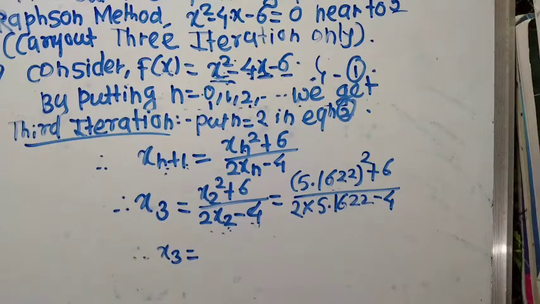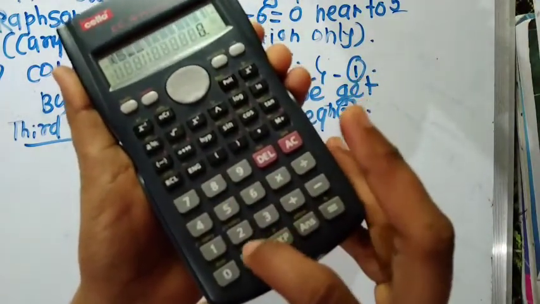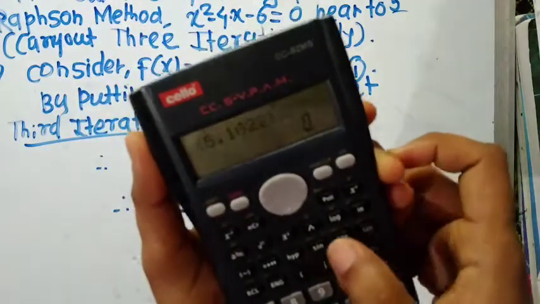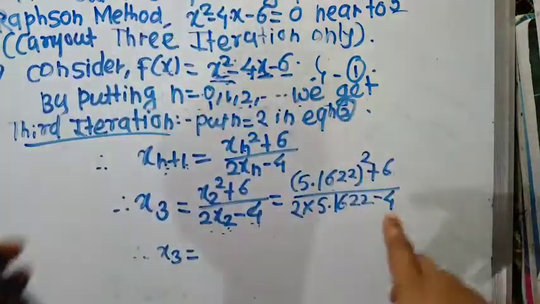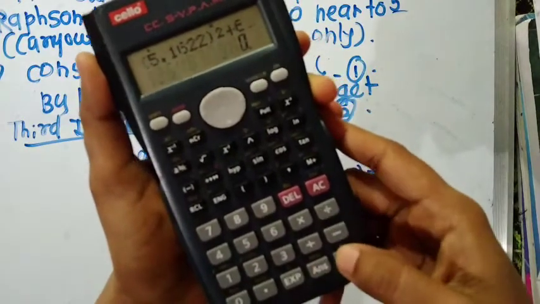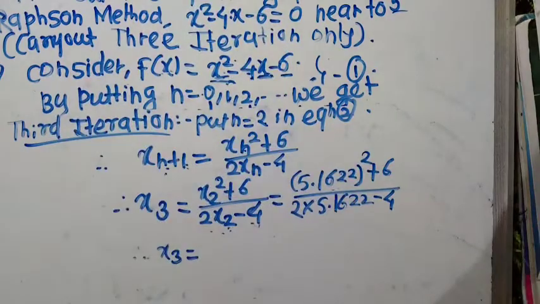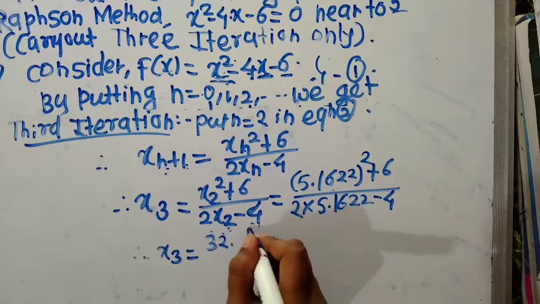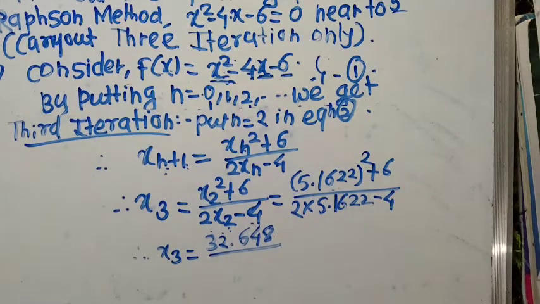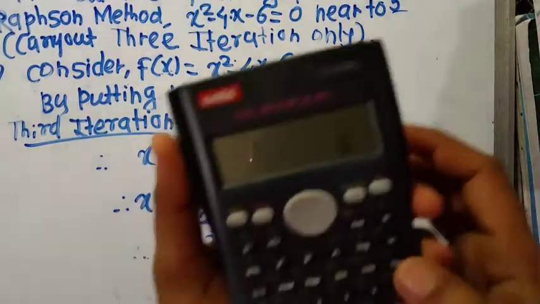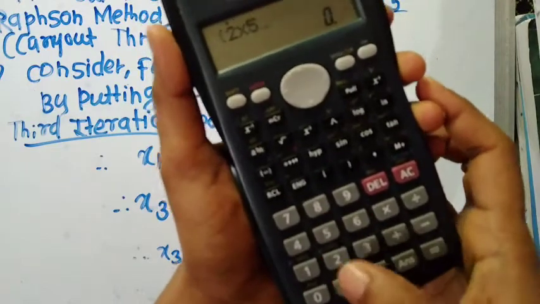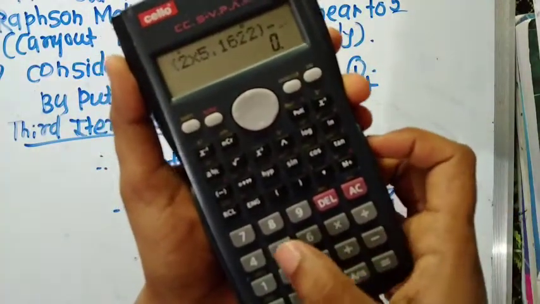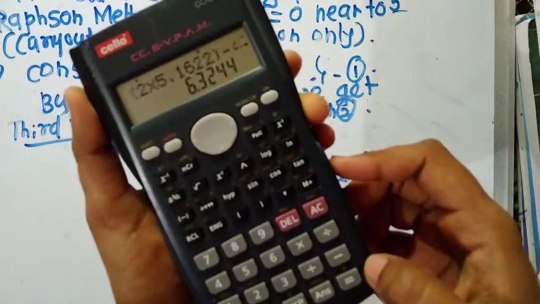5.1622 square plus 6 is equal to 32.648, divided by 2 into 5.1622 minus 4, which is equal to 6.3244.